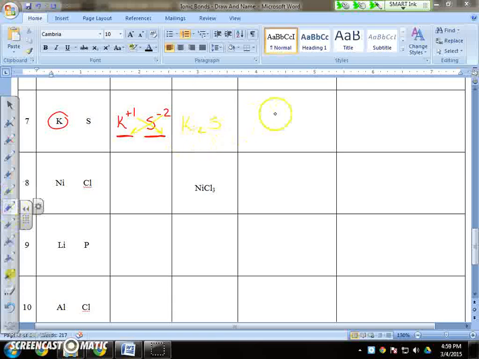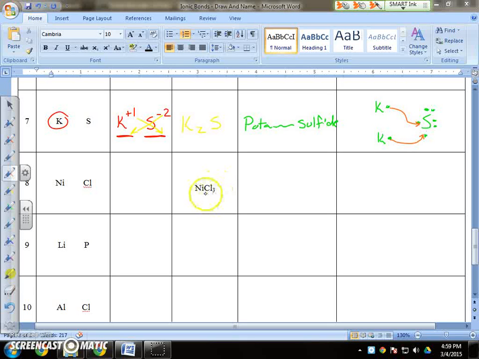Again, I ignore the numbers whenever I write out the formula, so I get potassium sulfide. In my drawing, I'm going to have 2 potassiums, a K and a K, each one with 1 valence electron, because, again, oxidation number of +1, and a sulfur that happens to have 1, 2, 3, 4, 5, 6 valence electrons. So I end up with, we'll go to orange, this potassium gives 1 to sulfur right there, and this potassium is going to give 1 right there.